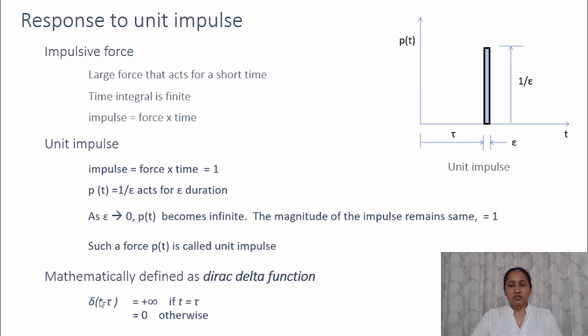So this function represents this force. When t is equal to tau, the value becomes infinity, and at all other locations the value is 0. So this Dirac delta function can be used to mathematically represent impulsive forces.